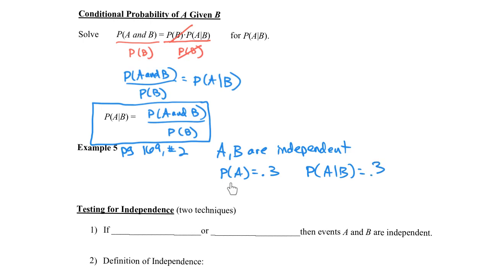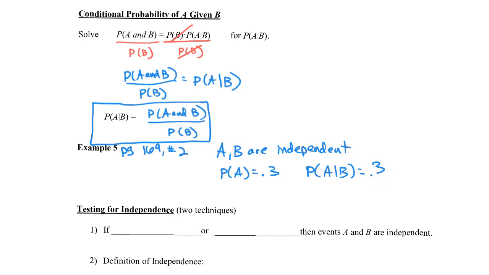So if the probability of you going through the McDonald's drive-thru today is 30%, the probability of you going through the McDonald's drive-thru, given that it rained in Topeka, is still 30%. They have nothing to do with each other, independent. So it's almost like a trick question sometimes, but the fact that they're independent means that the probability of A given that B happened is just the probability of A, 0.3.